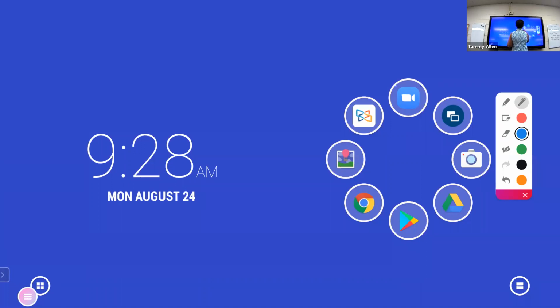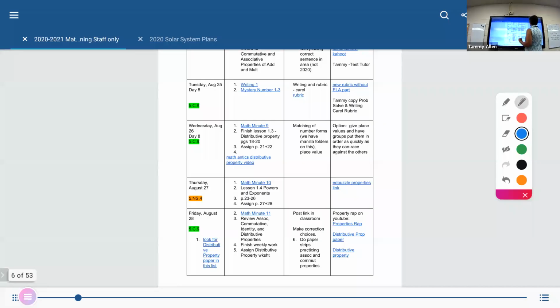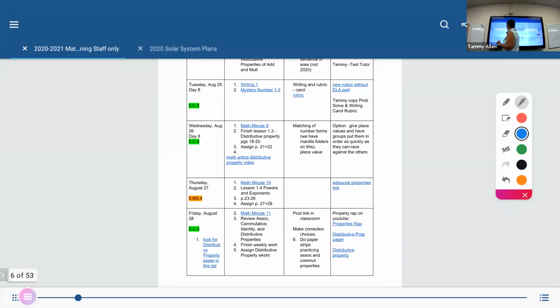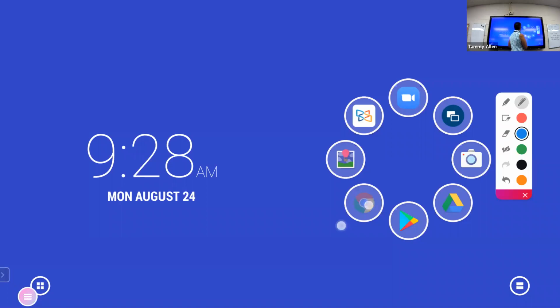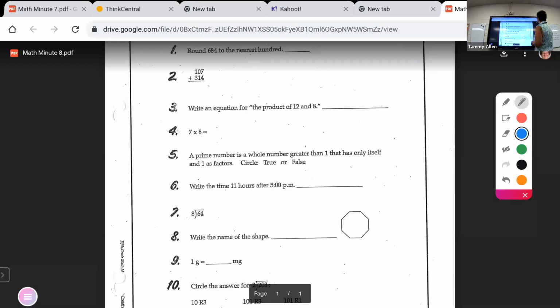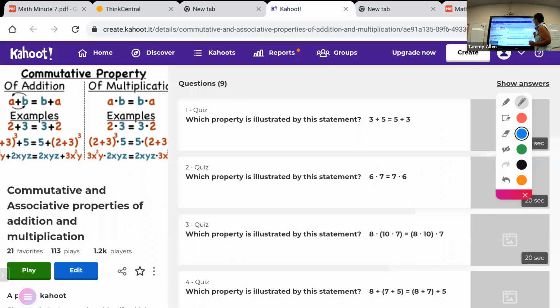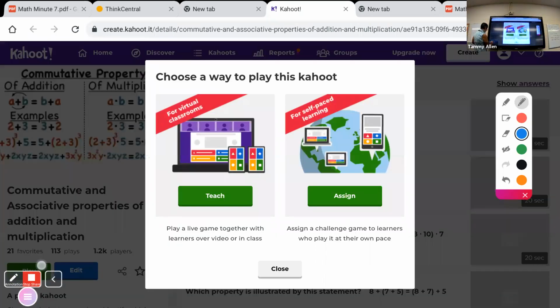Nope, that's not where I want to go. Yeah, we're going to go to computers.